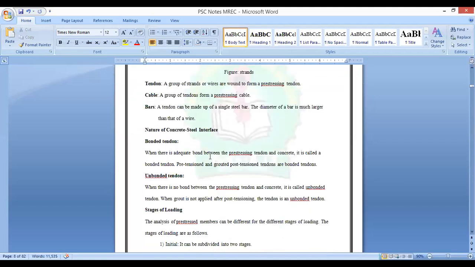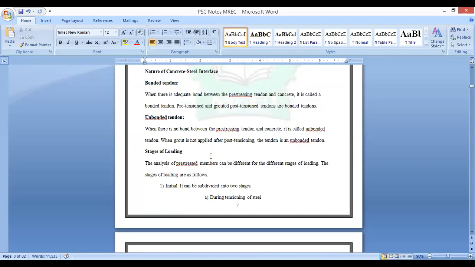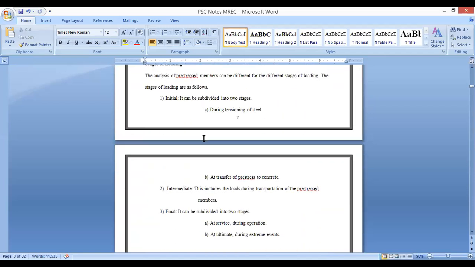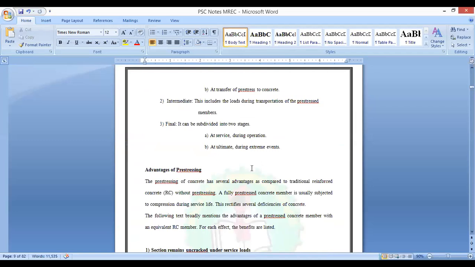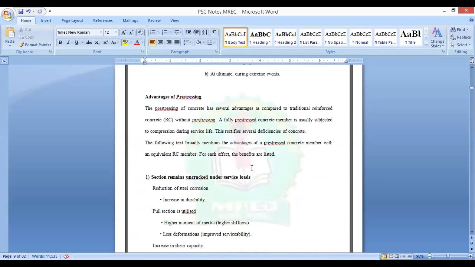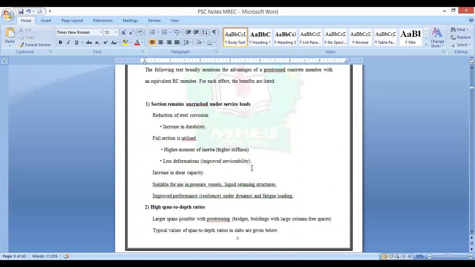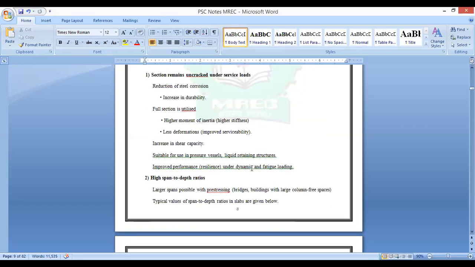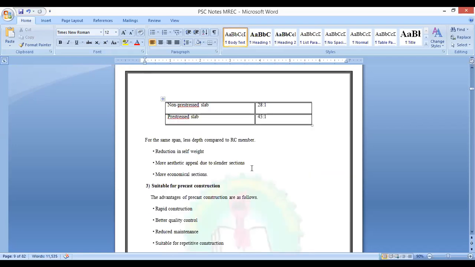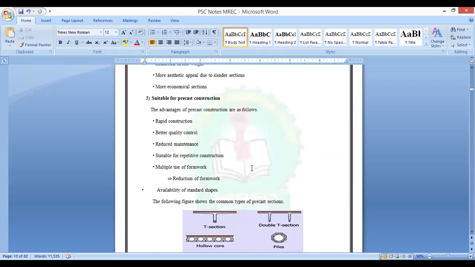And what is the nature of the concrete-steel interface, and the stages of loading were also clearly given. And coming to the advantages of pre-stressing: advantages in terms of durability and serviceability, how it can be used for uncracked service loads, how it can accommodate long spans with more depth, and that it is suitable for precast construction.